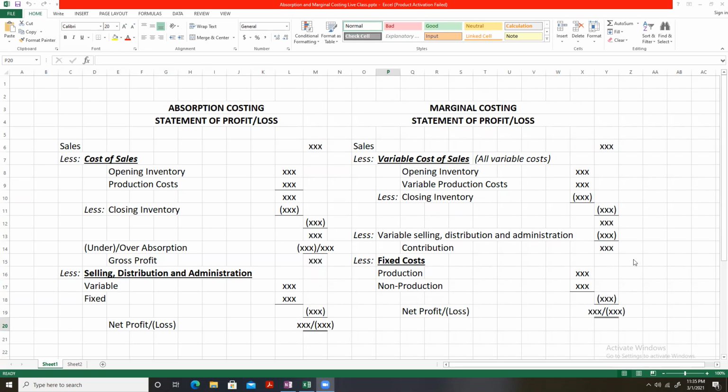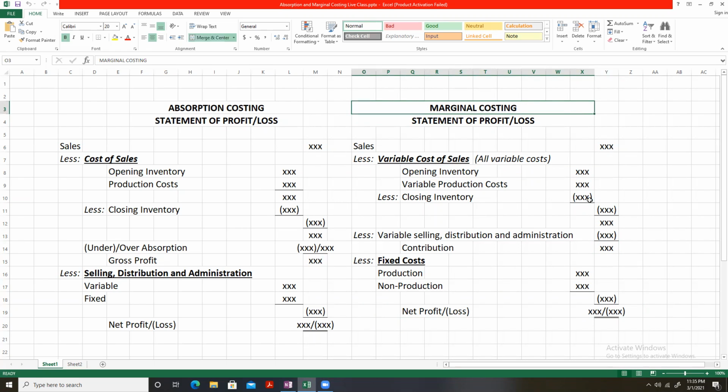To determine contribution in marginal costing, we deduct all the variable costs from the sales revenue. Then all the fixed costs are subtracted as a period expense to get the net profit.